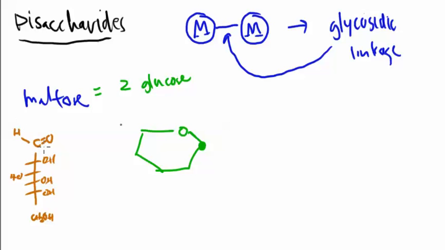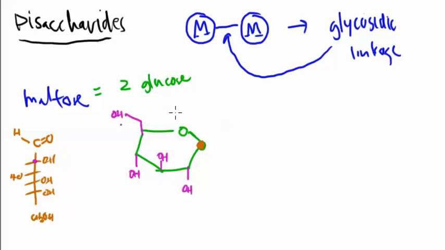And this is our number 1 carbon, so that's here. Our number 2 carbon has the OH to the right-hand side, so that means here it points down. This next OH points up. The next OH points down. And then we have the CH2OH group that sticks out here to the side.